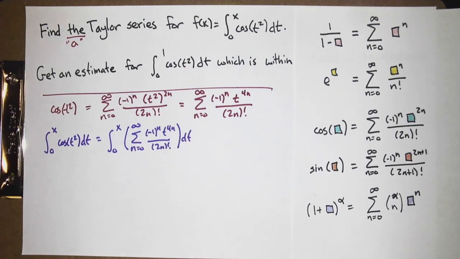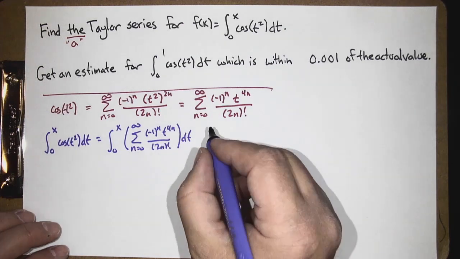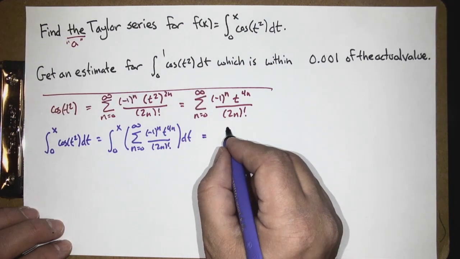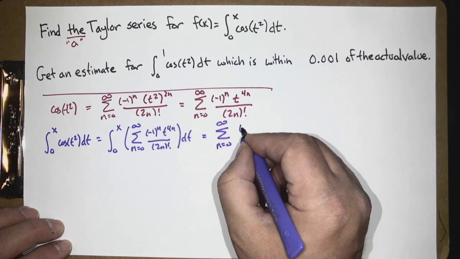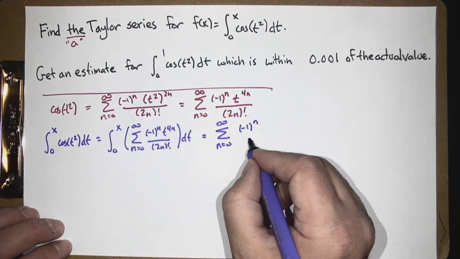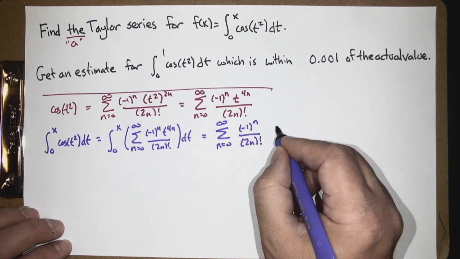And our punchline is, when we differentiated, we did it term by term. When we integrate, we do it term by term. So it's really the sum from 0 to infinity, and the only thing I have to worry about is things with the t. This negative 1 to the n, this 2n factorial, there's no t.